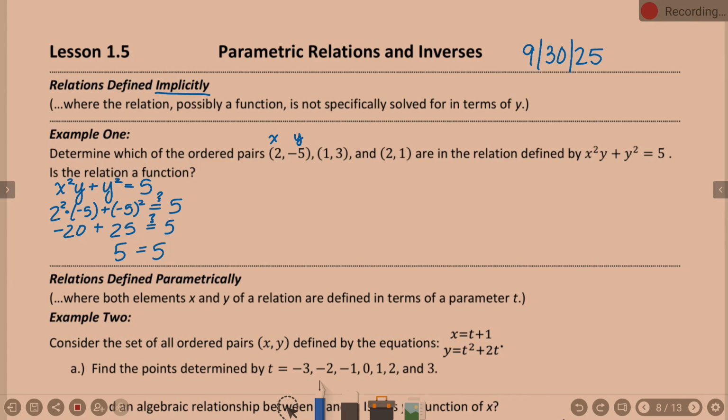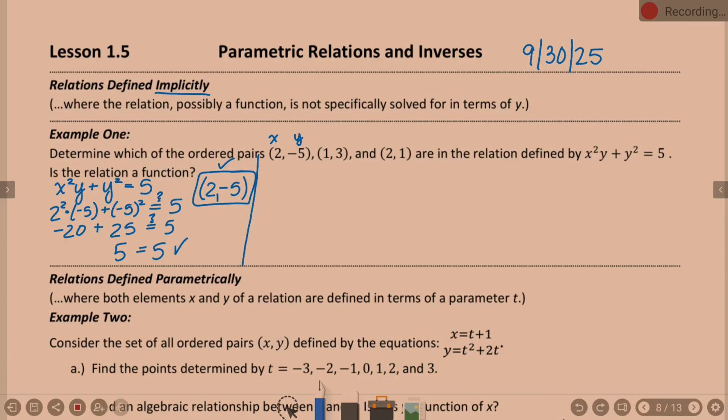And what do we know? 5 equals 5. So, to answer the question, is the ordered pair (2, -5) in the relation? Yes, it is. Okay, so (2, -5), I'm going to say it is in the relation.